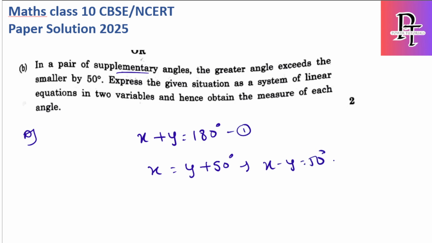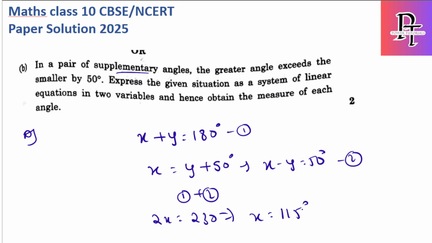This is 1 and this is 2. If I do 1 plus 2, I get 2x is equal to 180 plus 50, which is 230. So the x value is 115 degrees. What about the y value? It is simple: these two should sum to 180, so y is equal to 65 degrees.